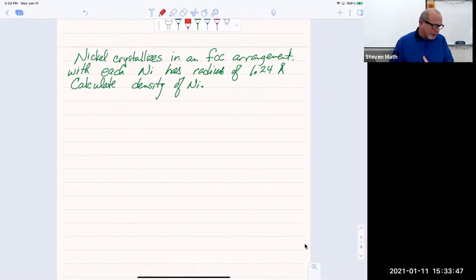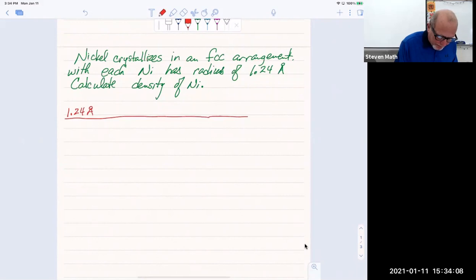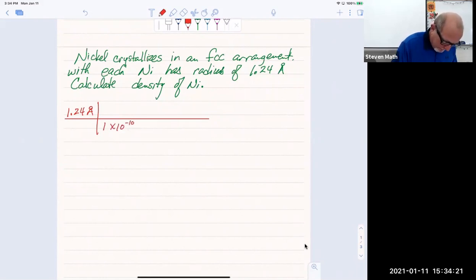So the first thing we should do is find our radius in a useful term, which in our case is going to be meters and centimeters. So let's take that 1.24 angstroms. And now you can see why they use angstroms. They like that because it's a nice, simple, clean unit. And we told you in the Bragg equation video, 1 times 10 to the negative 10th meters equals 1 angstrom.